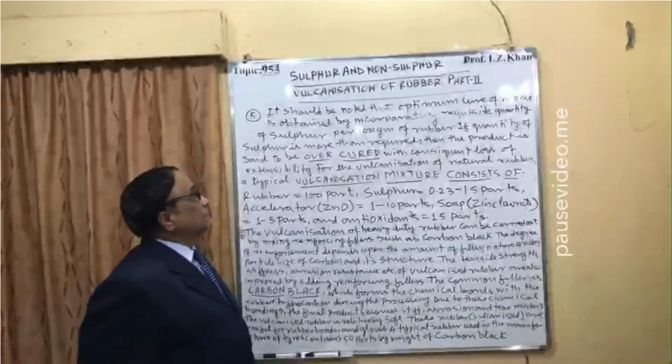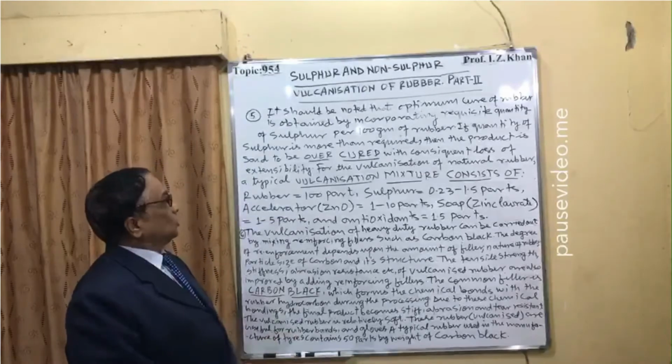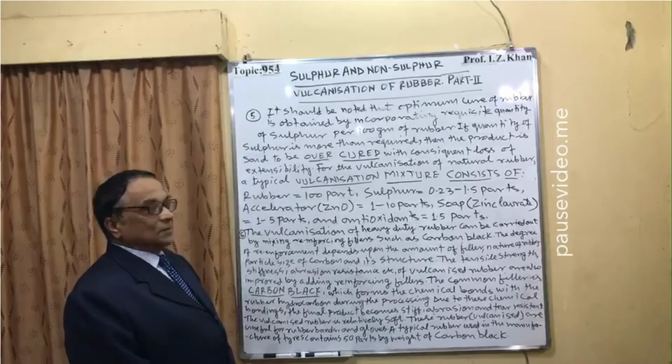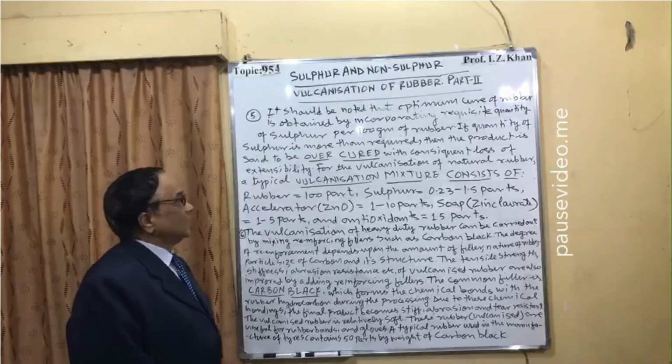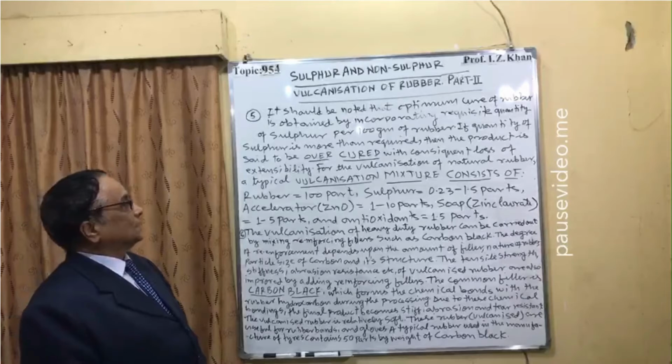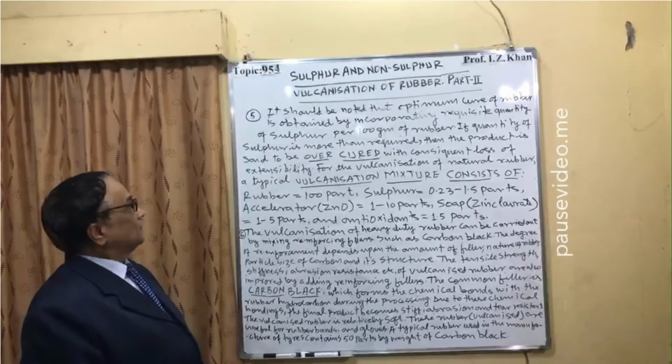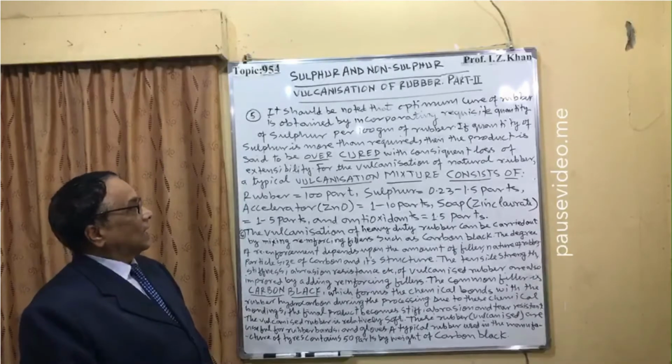Number five, it should be noted that optimum cure of rubber is obtained by incorporating the requisite quantity of sulfur per 100 gram of rubber.